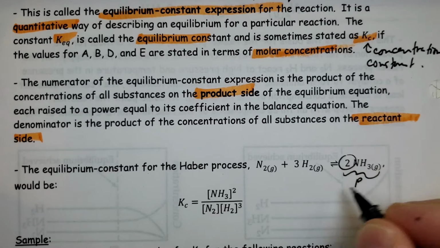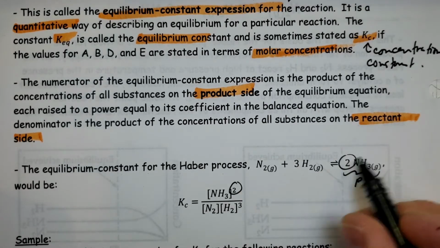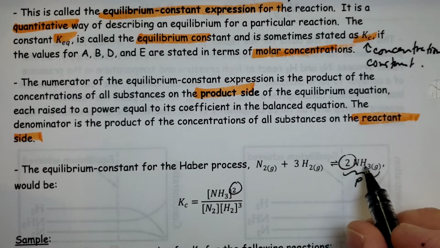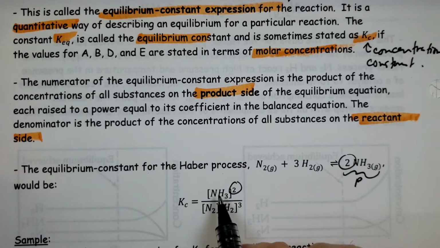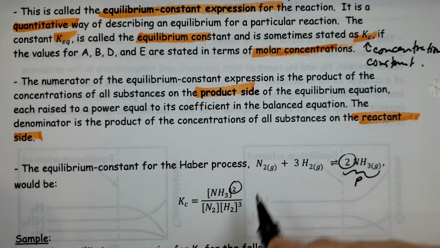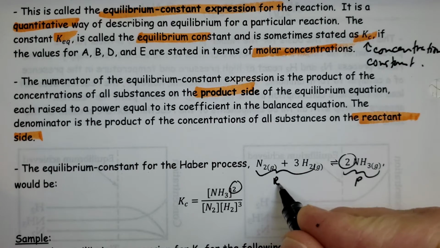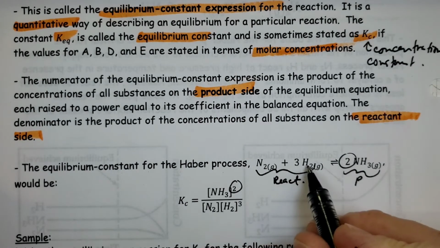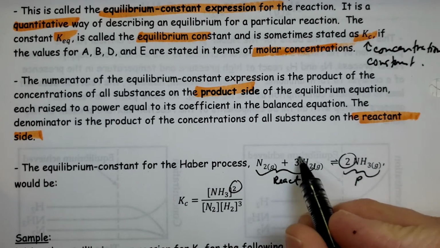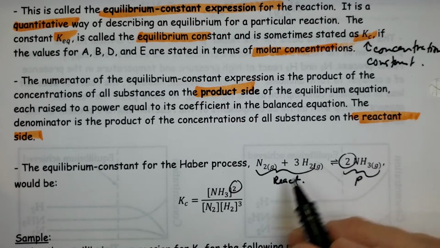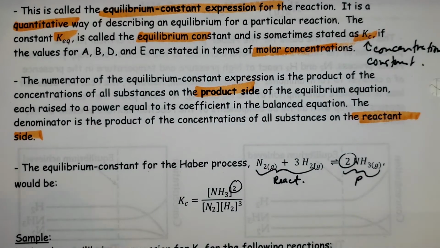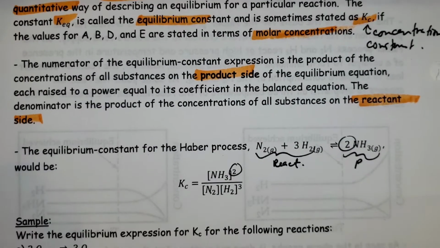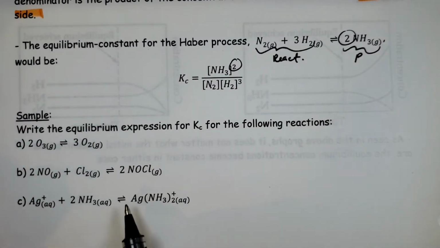And 2, so the coefficient becomes the exponent, because really it means I have two NH3s, NH3 times NH3, because it's a probability, over reactants. N2, there it is. H2, there it is, but I have 3 of them. So H2 times H2 times H2. So there we go.